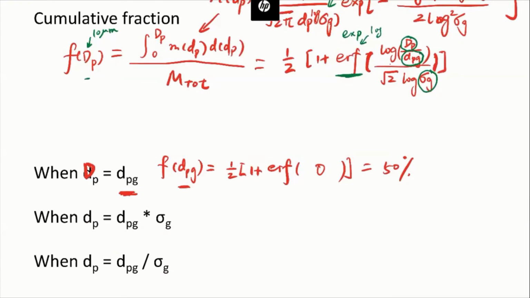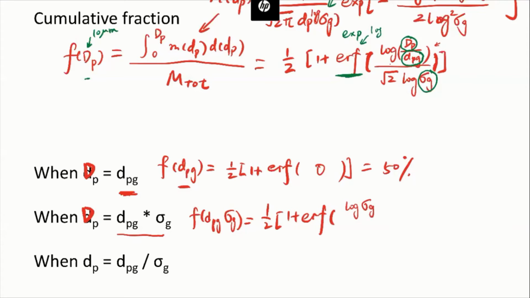The other point of interest is when dp is equal to dpg multiplied by sigma g. If we plug this term into the calculation, the ratio dp over dpg becomes sigma g, so we get 1 plus the error function of log sigma g.